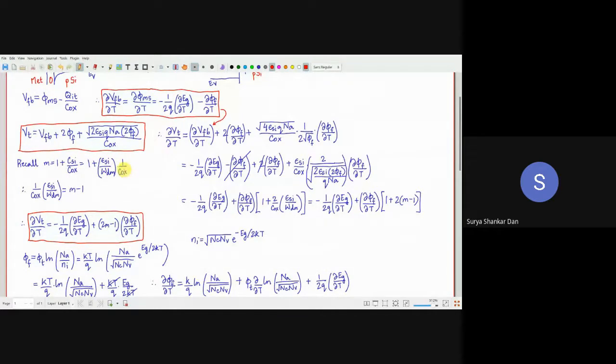Okay, so that means epsilon SI by WDM divided by COX. So this is essentially the CSI is equal to how much? Small m minus 1 from this relation. So all I'm going to do is this whole factor epsilon SI by WDM, and this is 1 upon COX, I will replace by small m minus 1.